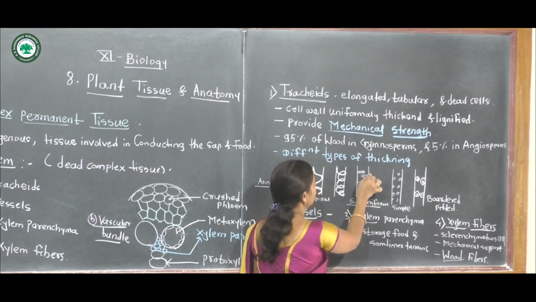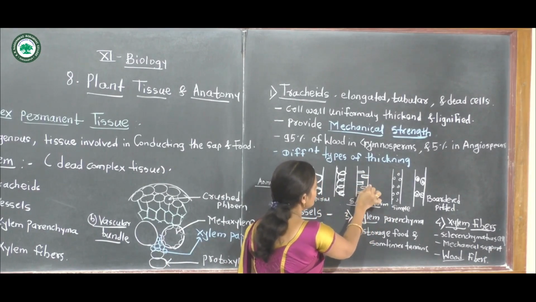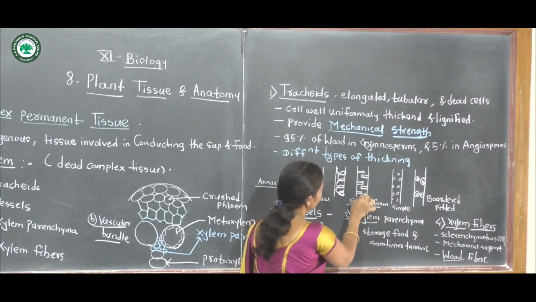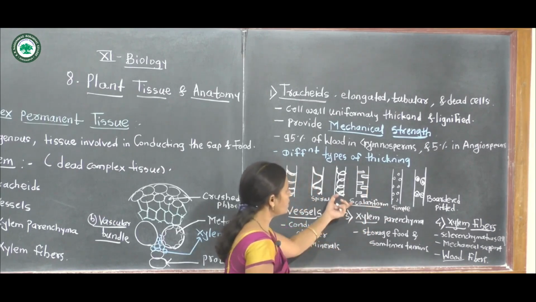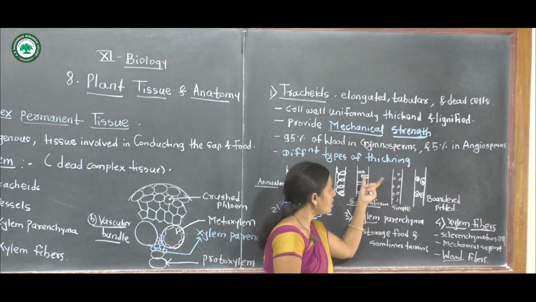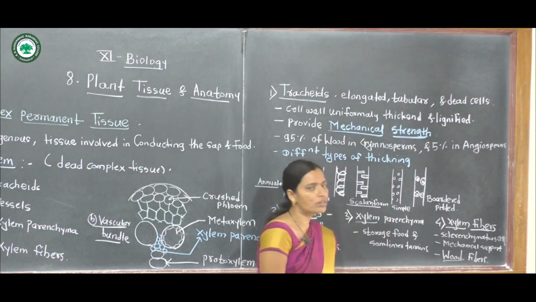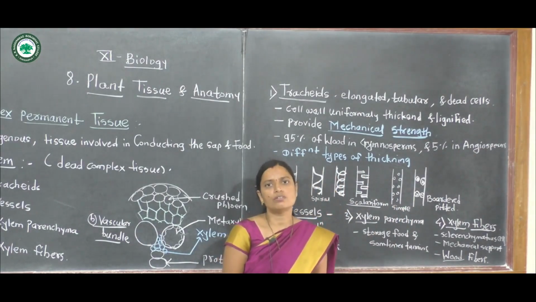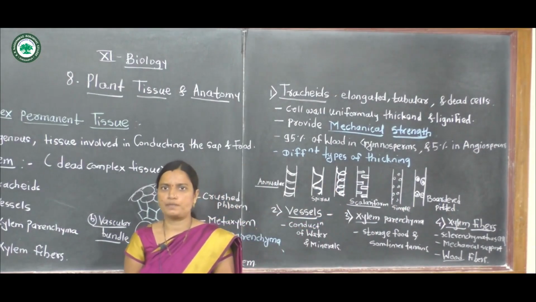These steps-like thickenings are scalariform thickening, and some are simple, the advanced type, the simple or bordered pitted thickening of tracheid cells.